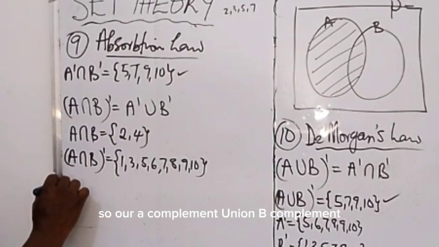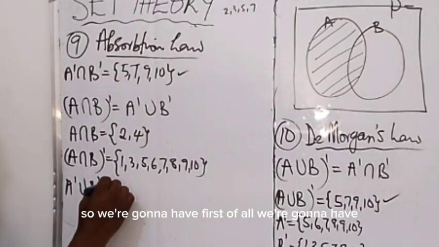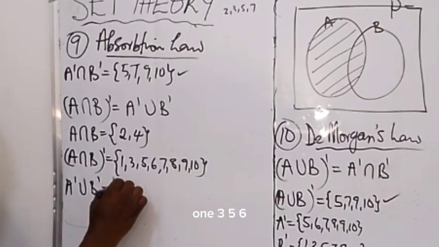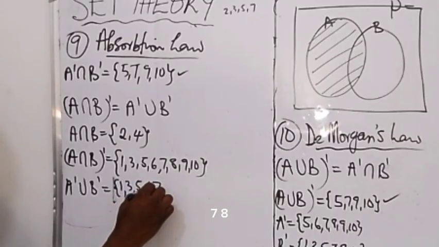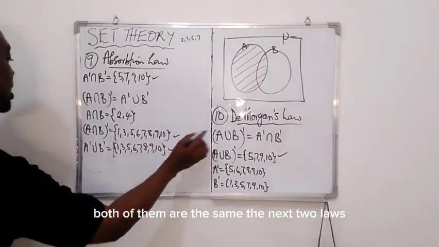So our A complement union B complement, it's just to pick up every element that was here. So we're going to have 1, 3, 5, 6, 7, 8, 9, and 10. That is our A complement union B complement. As you can see, both of them are the same.